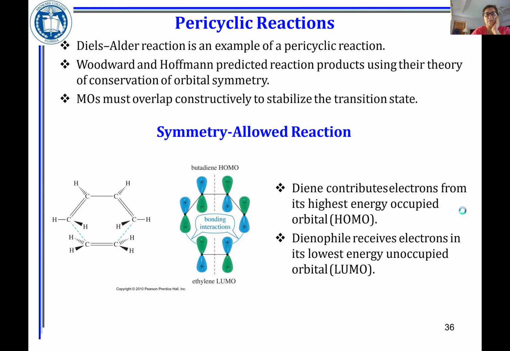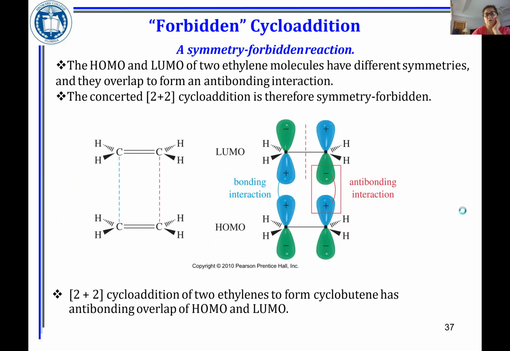And we talked about the overlap for the high energy, low energy. So you have a bonding and anti-bonding. For the bonding overlap, or bonding pi bond, you have constructive, and for anti-bonding, you have a destructive overlap.